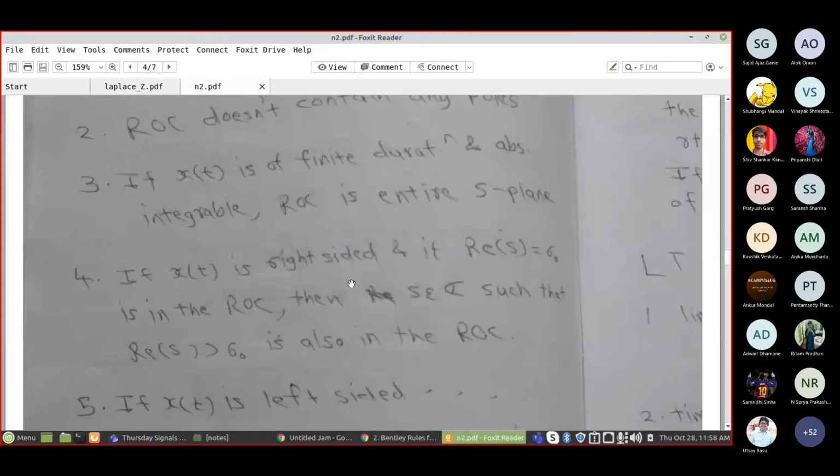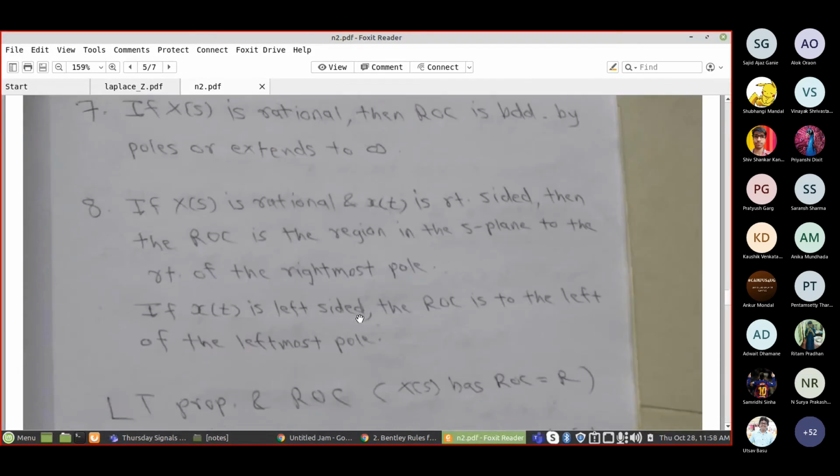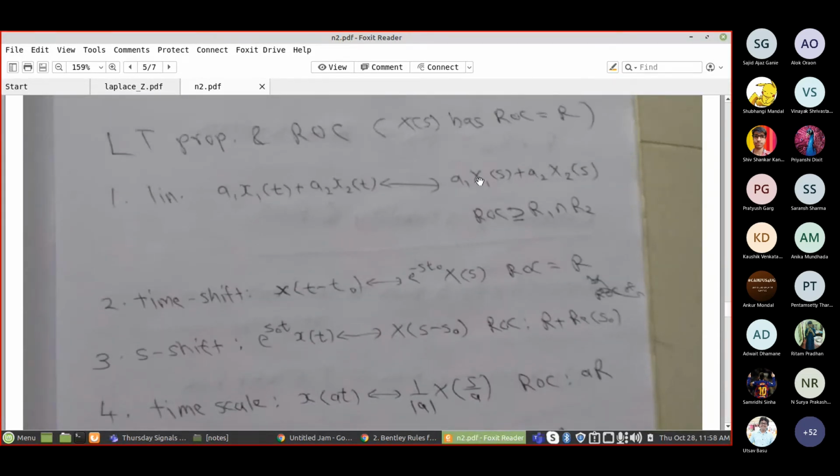Let me quickly do linearity. I've already seen that, so this part is straightforward. Why does the ROC contain R1 intersection R2 and not equal R1 intersection R2? This part is definitely contained within the ROC.